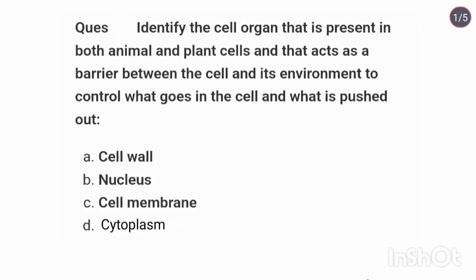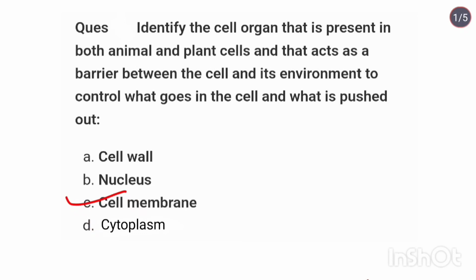Identify the cell organelle that is present in both animal and plant cells and that acts as a barrier between the cell and its environment to control what goes in the cell and what is pushed out. Right answer is option C, cell membrane.